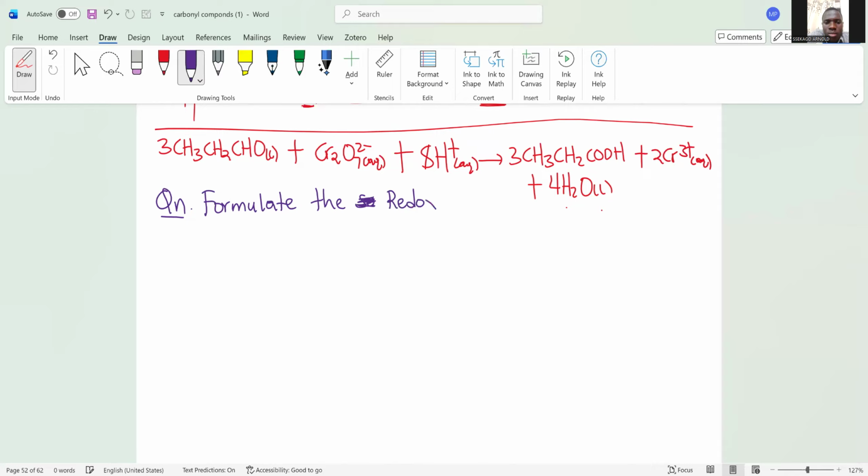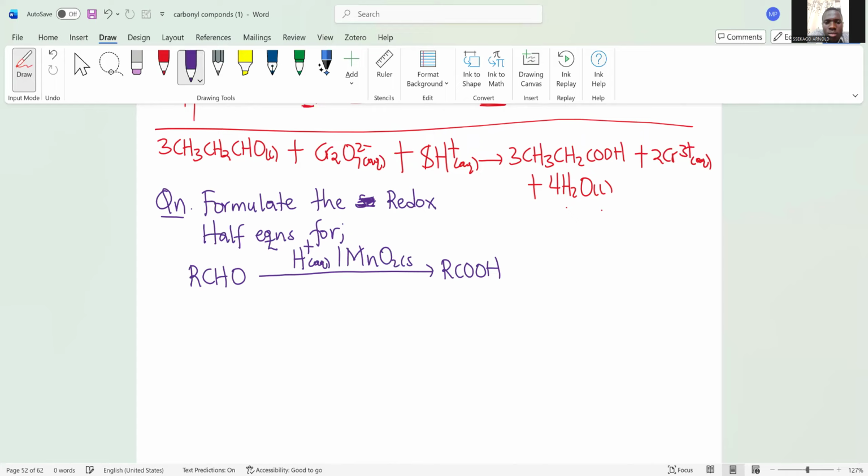Formulate the redox half equations for RCHO taken to a carboxylic acid using acidified manganese 4 oxide and heat.